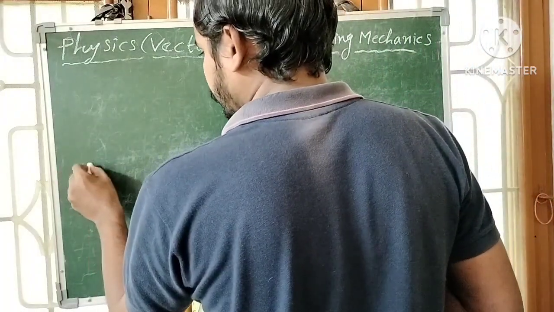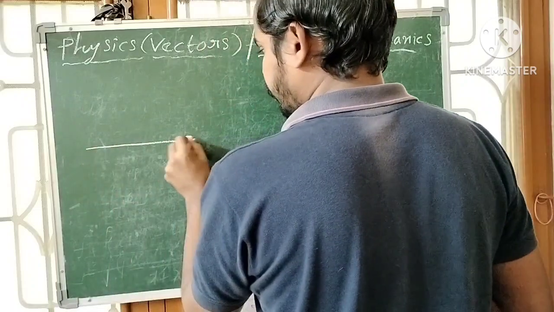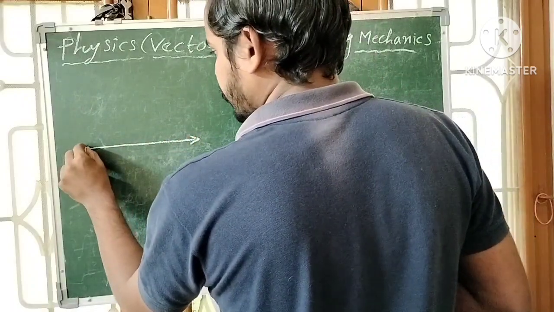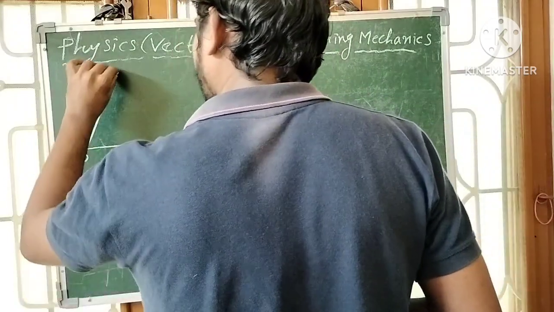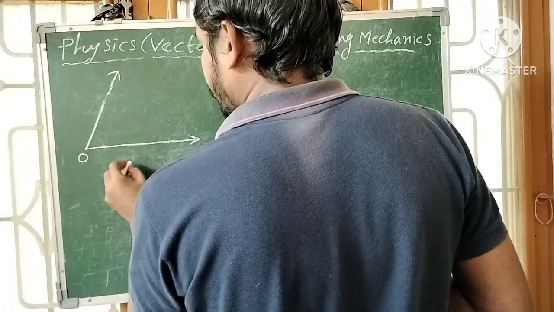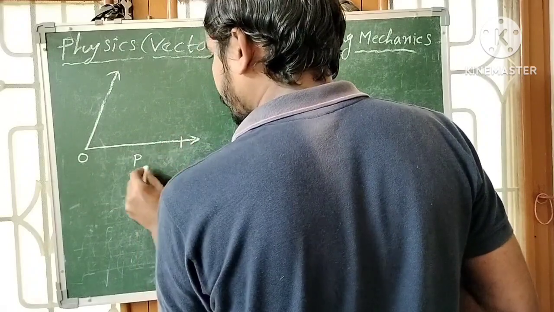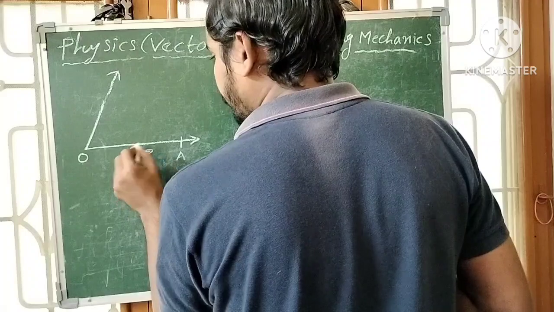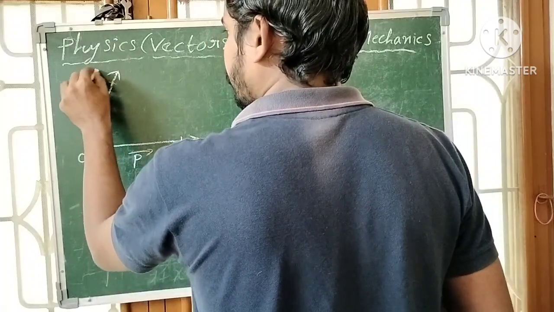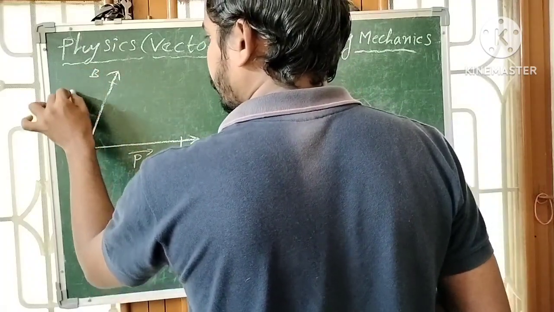So there are two vectors. This is intersection point O. So suppose OA is vector p bar and OB is vector q bar.